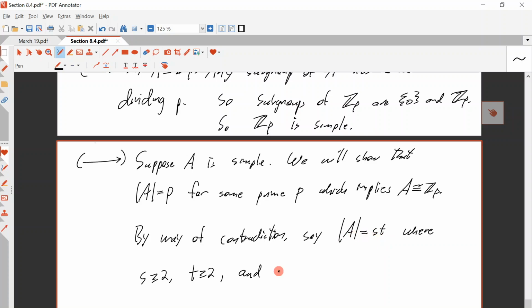But you might as well assume that they're relatively prime. Like 12 is equal to 6 times 2, which are not relatively prime, but you can take the common factor of 2 out of here and push it there, so then you get 3 and 4. You can always write it as a product of two relatively prime factors, because the order of A is written as a product of primes.